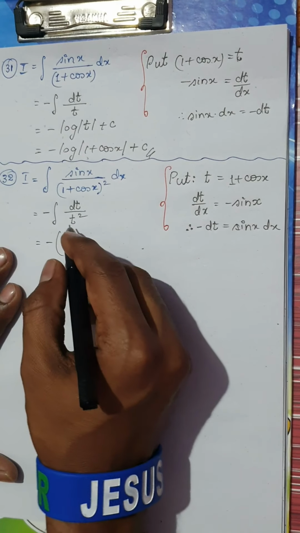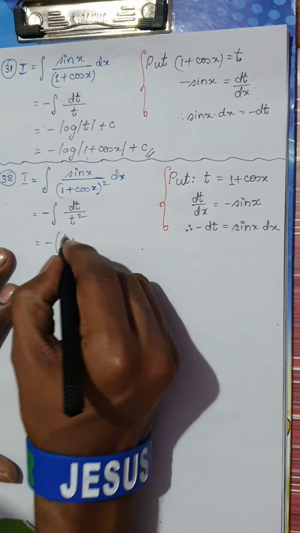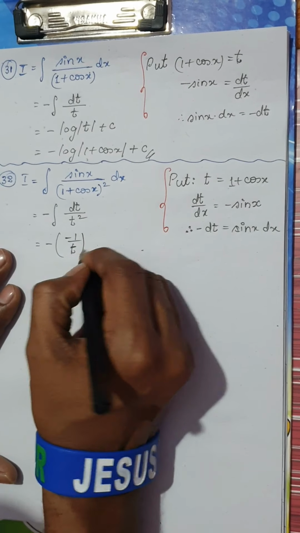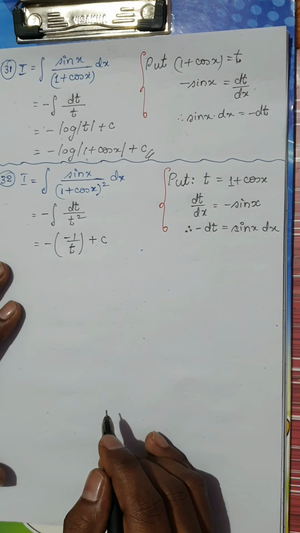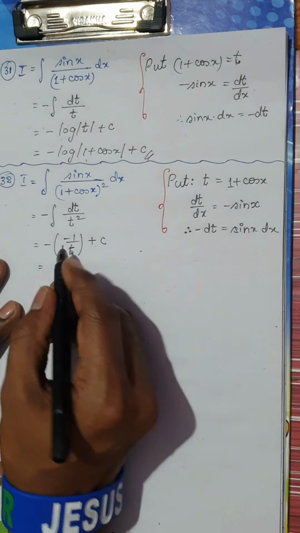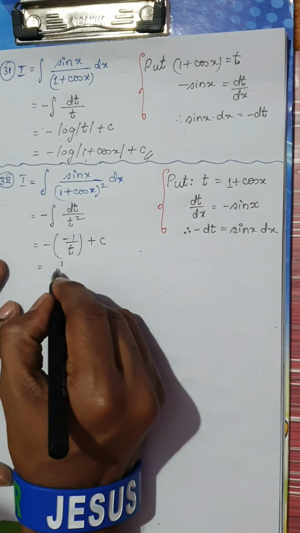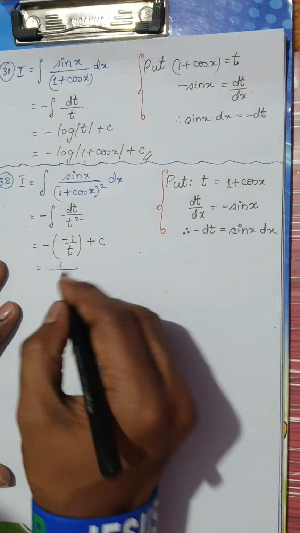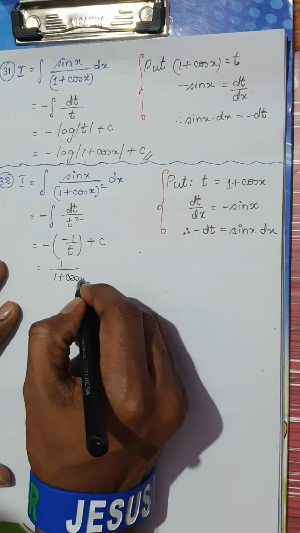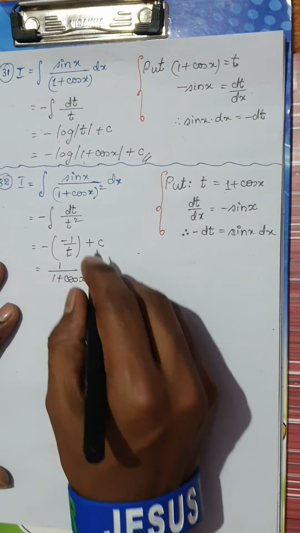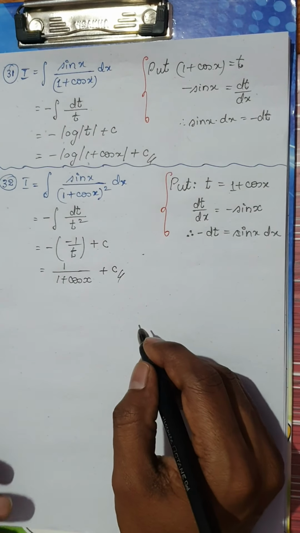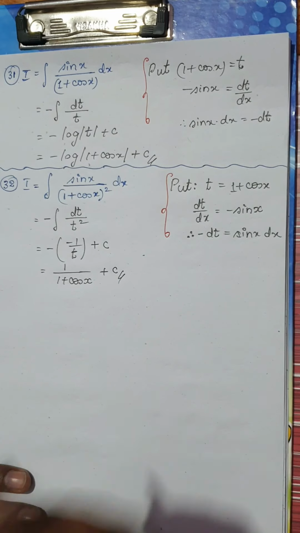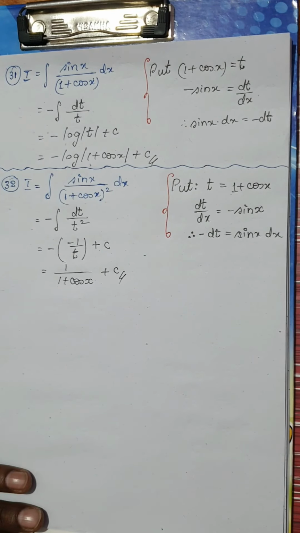I told you just now, the integral of 1 by t square is minus 1 by t plus a constant of integration. So minus into minus becomes plus. It is 1 divided by t, which is 1 plus cos x, plus the constant of integration, which is the final result for the above question.